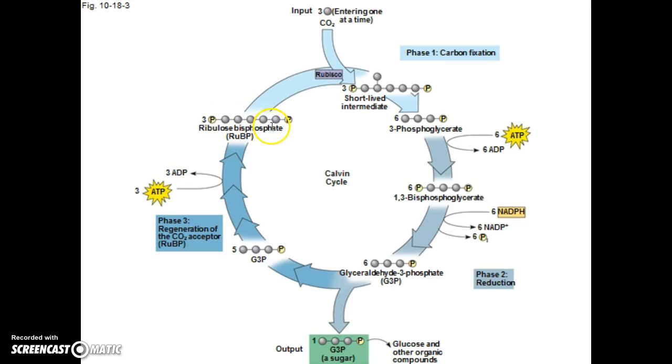So 3 times 5 would be 15, 5 times 3, 15. So the amount of carbon stays the same. And to cap it off, RuBP can go in, accept more carbon dioxide with the catalyzation of the enzyme Rubisco, and the process continues. So as you can see, it seems like a lot of work just to make one small 3-carbon sugar.